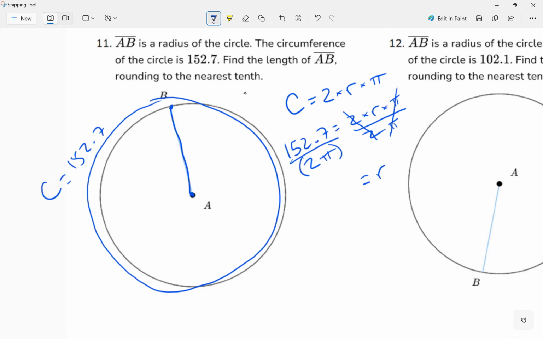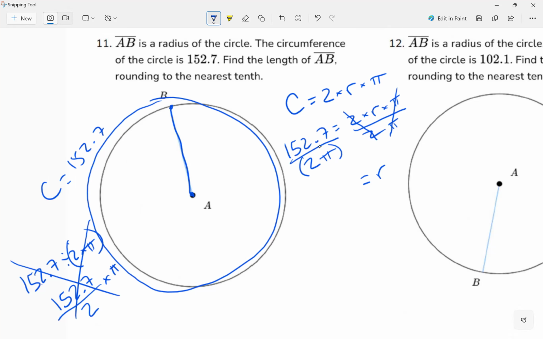Because if you were to just type in 152.7 divided by 2 times pi, the calculator sees this as 152.7 divided by 2 and then multiplies by pi, which is off, right? That's going to be different. So like I said, if you're going to use a non-scientific calculator, or especially those from the phones, make sure you use parentheses for the bottom. If you put the 2 and the pi inside parentheses, it knows it will do that first.